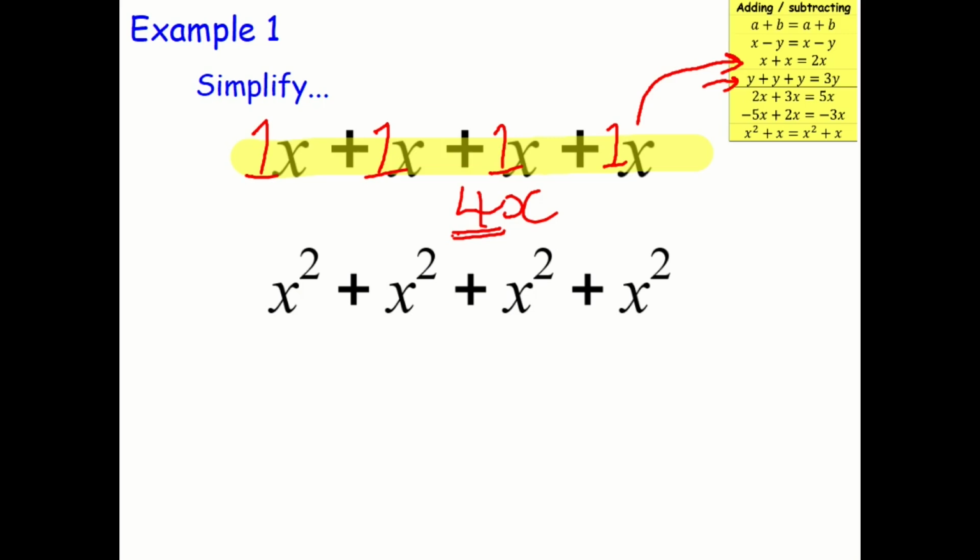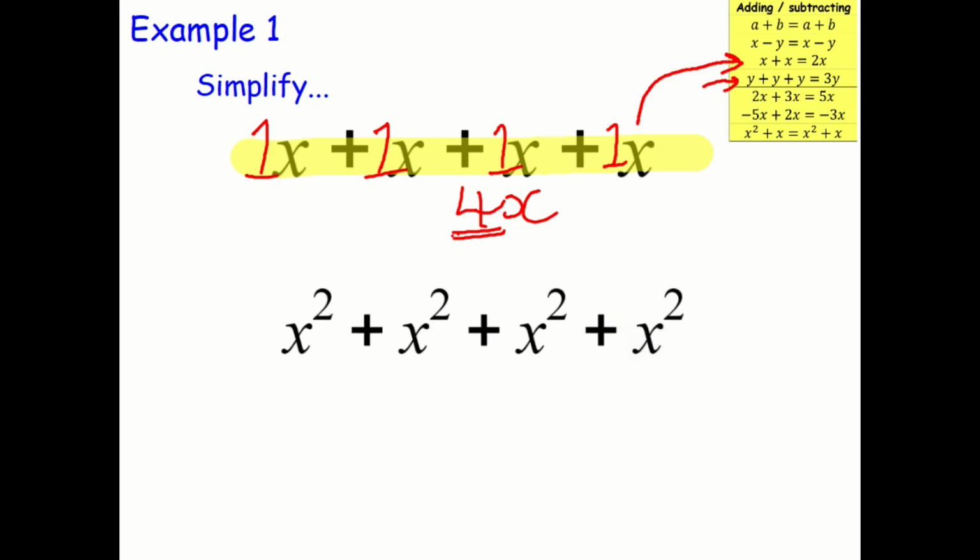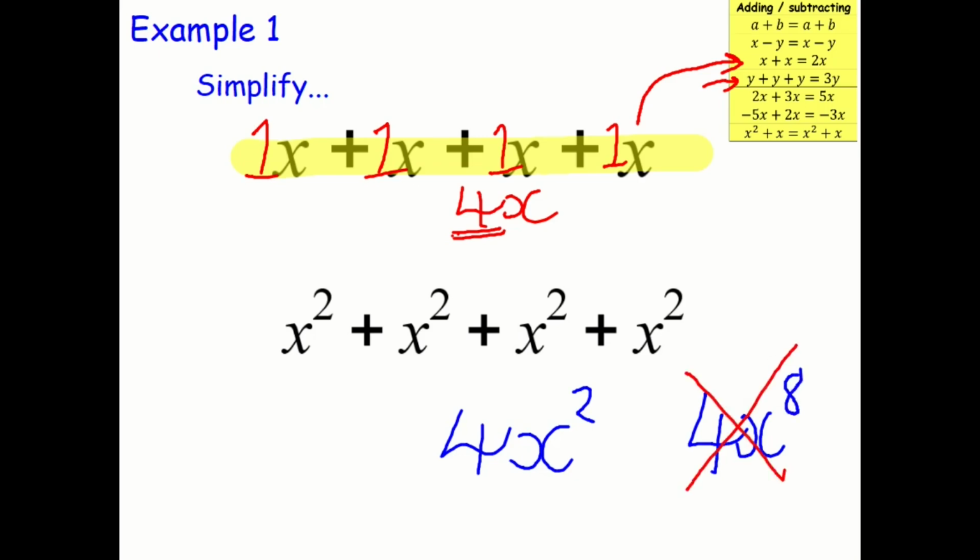So in a similar sense with this one here, I'm going to get 4x squared. Okay, lots of students are tempted to write something like 4x to the 8, okay, but the power, that's this bit here, doesn't change if you are adding or subtracting, okay, and here we are, of course, adding or subtracting.